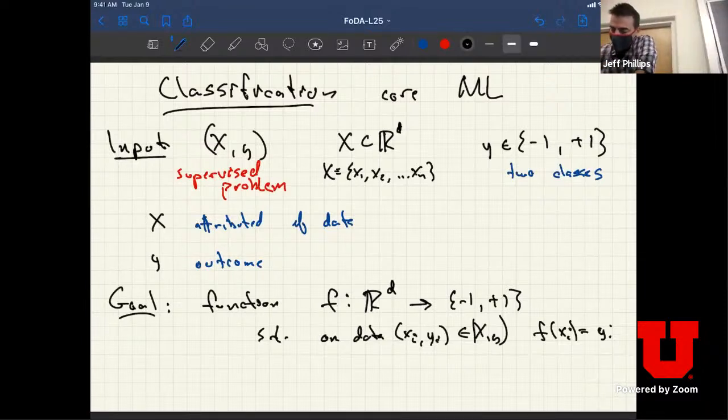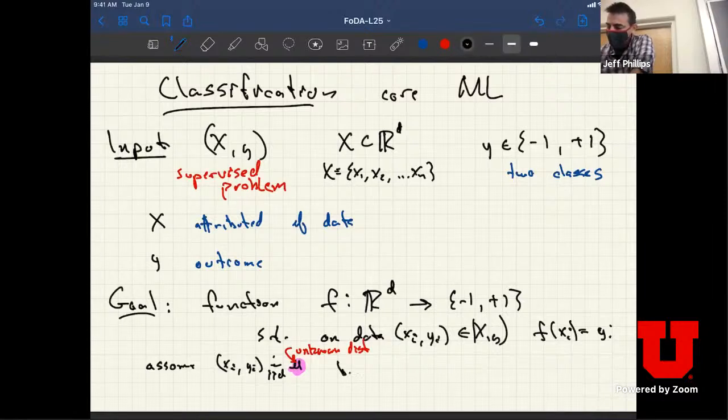In general, what you actually want is to assume that each x_i, y_i is drawn iid from some unknown distribution.